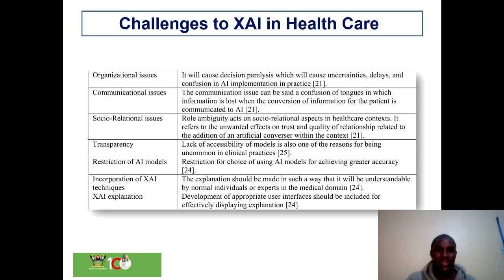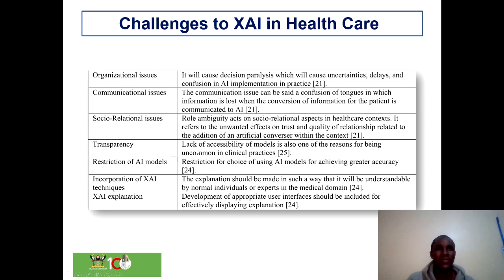So some challenges of healthcare in AI included organizational issues and communication issues that may arise as information is lost as it's being transferred from the user or patient to the AI, and then social relations in the context of the healthcare system. And then there's a big problem with transparency.